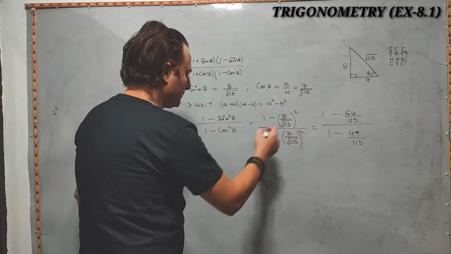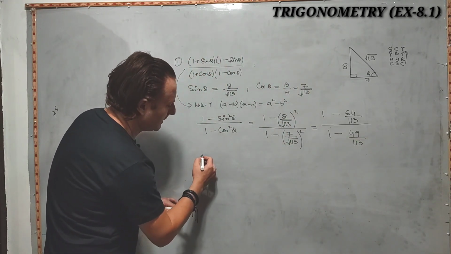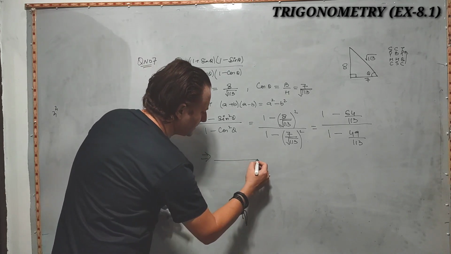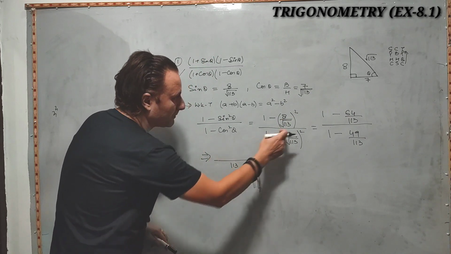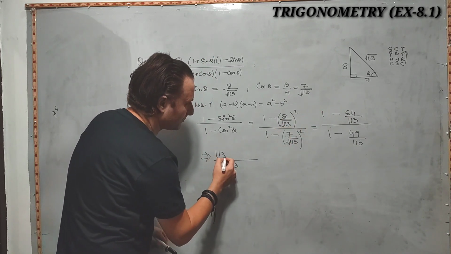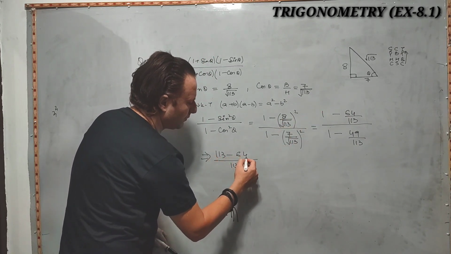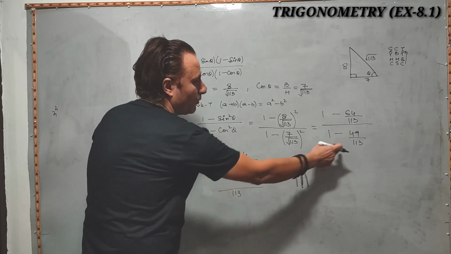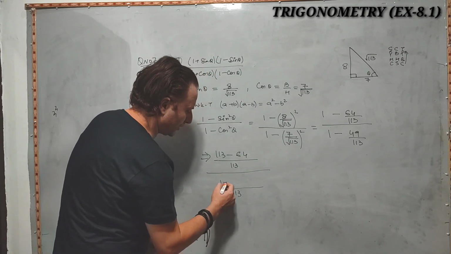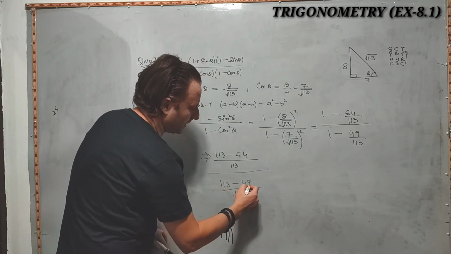Clear? Now let me go here and let's see, we have to take the LCM. The LCM will be 113. 113 multiplied by 1 is 113 minus 64, whole divided by, again the LCM 113, 113 minus 49.